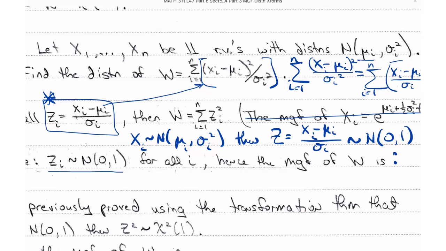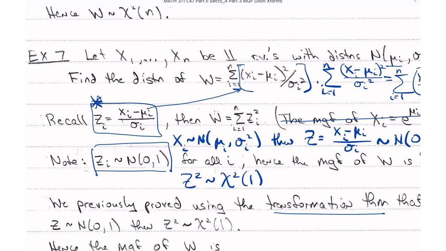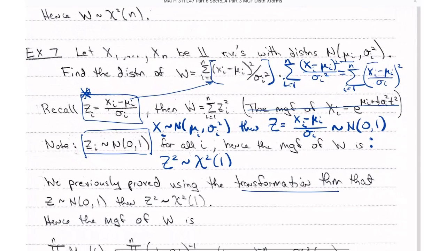And we showed that this squared, so z squared, has a chi-squared distribution with 1 degree of freedom. We proved that using the transformation theorem in section 5.2.